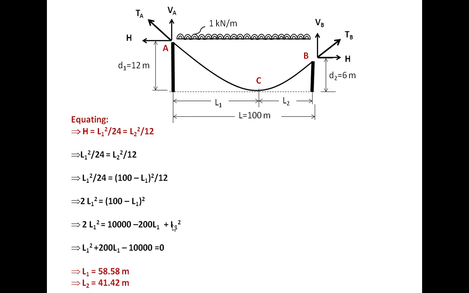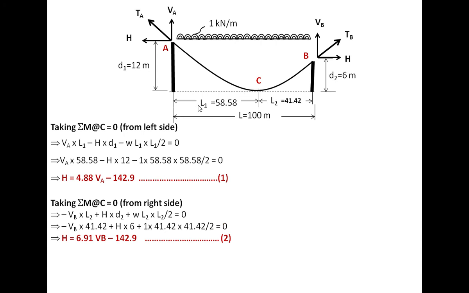When we take all the terms on the left hand side and make the right hand side 0, we get this expression. When we solve it as a quadratic equation, we get the root as L1 equal to 58.58 meter and L2 is 41.42 meter. Once we get L1, we can get L2 as 100 minus L1.